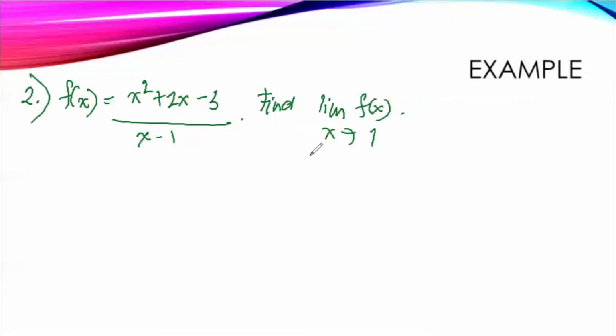Earlier I told you that we have to determine first if the given function is factorable or not. Now in the numerator, for us to use the theorem immediately, we have to determine if this is factorable in order to have a simplified expression. So let's have a solution. We have the limit of f of x as x approaches 1.